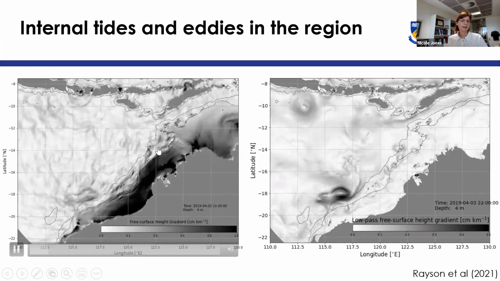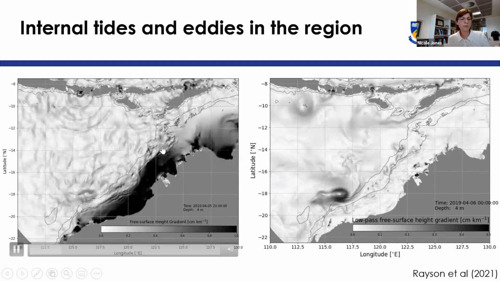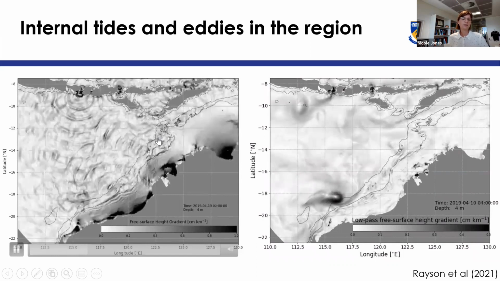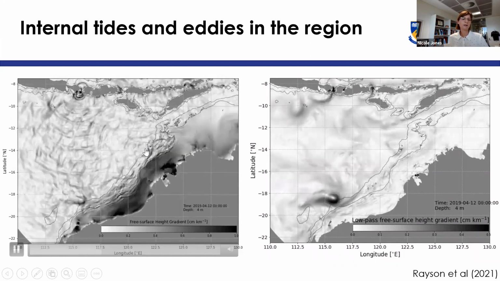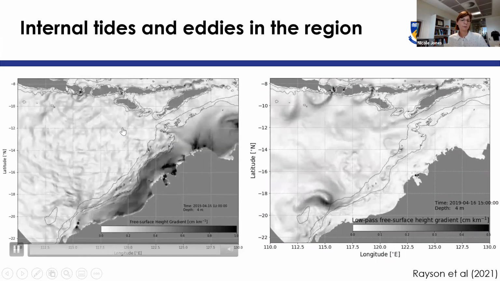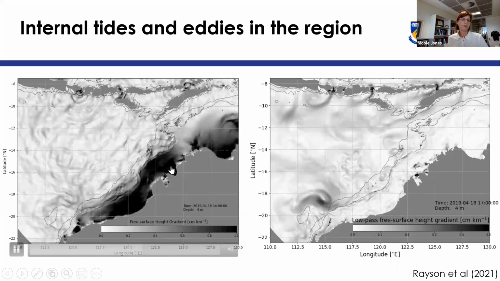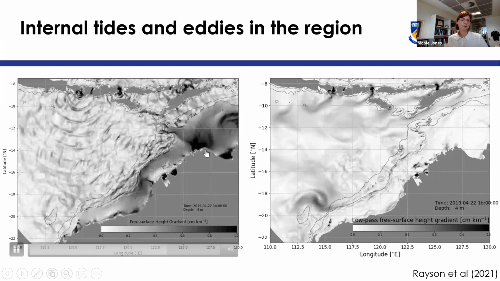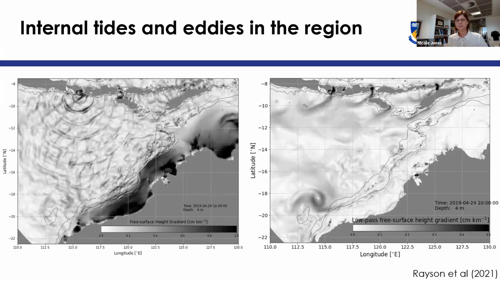Our study site is over here. You can see internal tides that are generated at the continental slope as well and are moving onshore and offshore. And so we end up with this very complicated field. The very black colours here that you can see here are the amplified surface tide on the shelf.